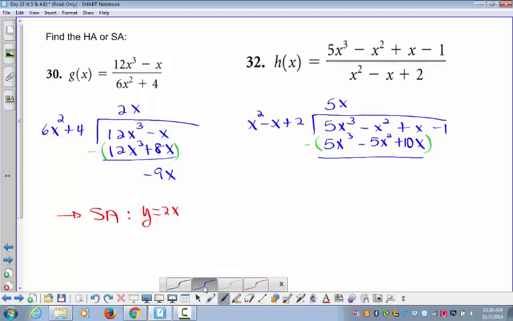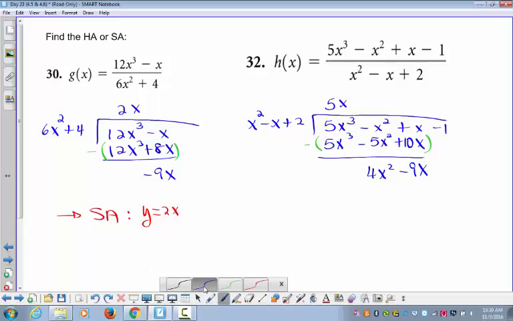So the 5x cubes obviously will cancel out. That's why we picked 5x. And then we have negative x squared plus 5x squared. So that's 4x squared. And then for the x's, we have x minus 10x, so that's minus 9x.